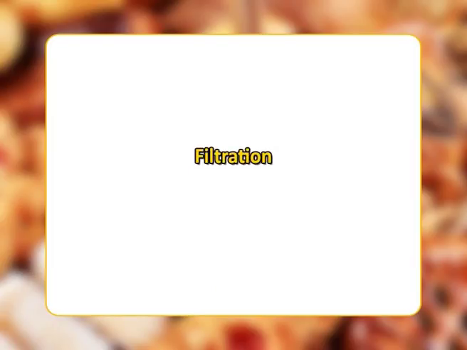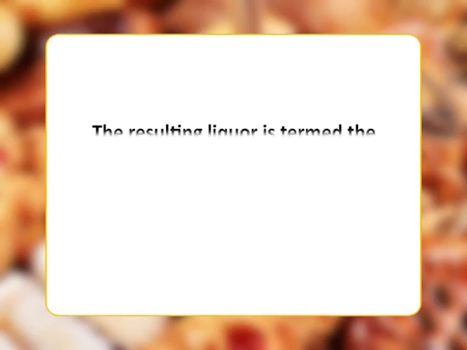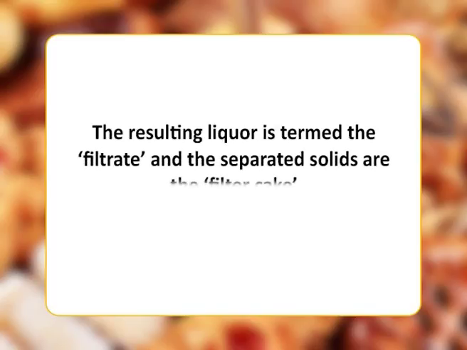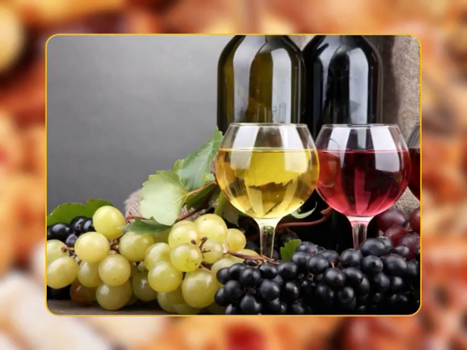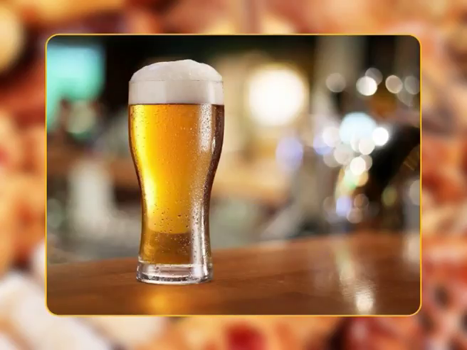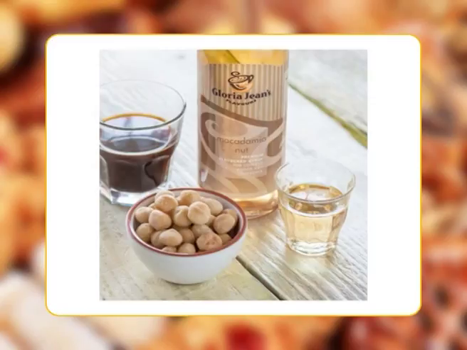Now filtration. Filtration is the removal of insoluble solids from a suspension, usually feed slurry, by passing it through a porous material or filter medium. The resulting liquor is called the filtrate and the separated solids are the filter cake. Filtration is used to clarify liquids by the removal of small amounts of solid particles, for example from wine, beer, oil and syrups.